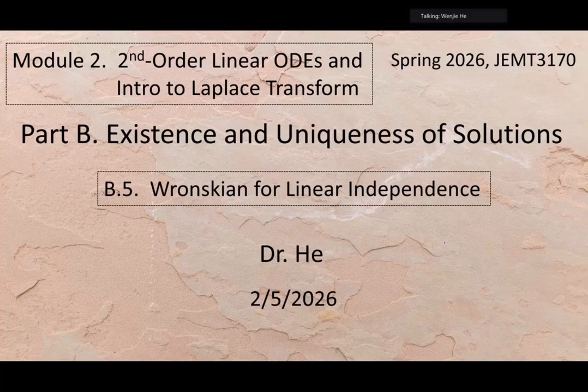Now, this one: Wronskian for linear independence. Wronskian, a special structure. We need to learn that. In the last class, when we talked about how to check if two given functions form a basis, sine and cosine, I didn't give you the way to check it.